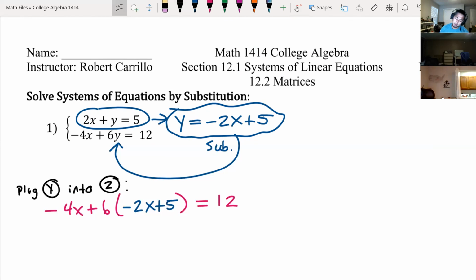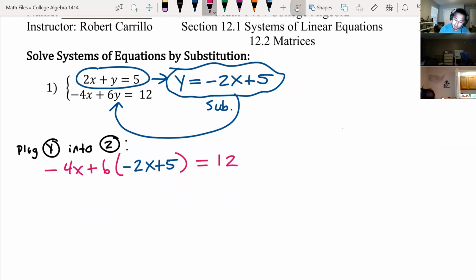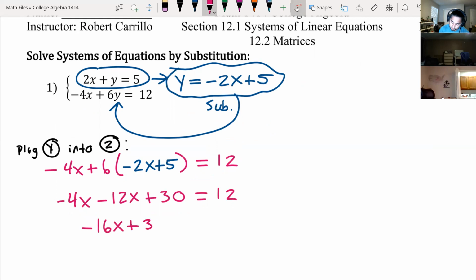Okay. And now let's go ahead and simplify this. We'll get negative 4x minus 12x plus 30 is equal to 12. Put your like terms together, and we got negative 16x plus 30 equal to 12.